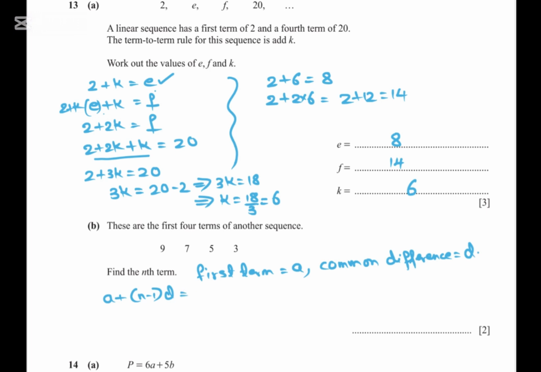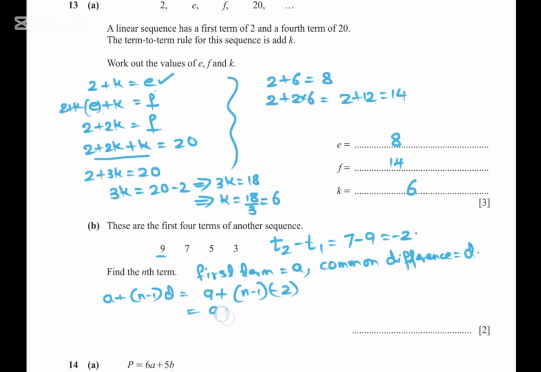So what is the common difference now? Common difference is term 2 minus term 1. That means 7 minus 9, which is minus 2. Substitute the values. What is the first term a? 9. So 9 plus n minus 1 into d, which is minus 2.